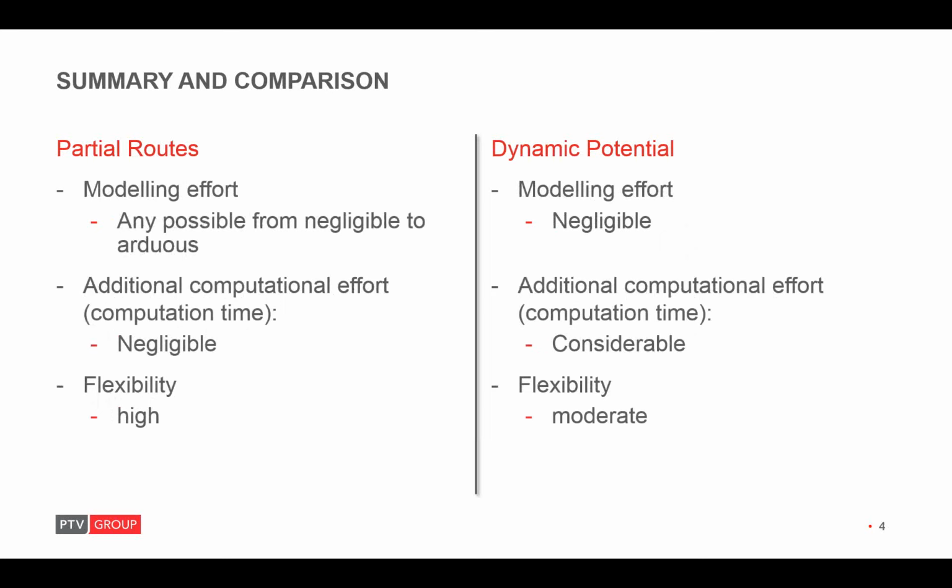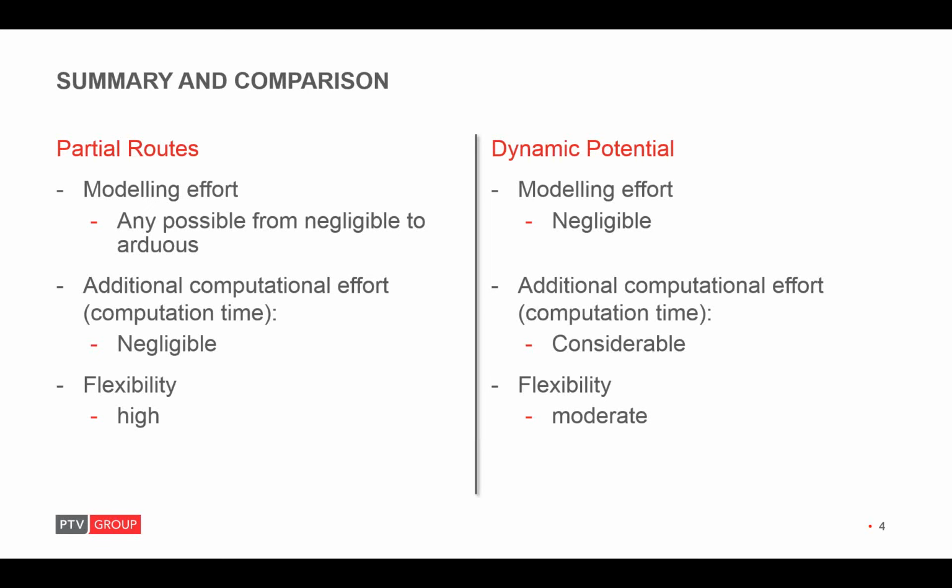The modeling effort for partial routes can be very small, but you can use it also to create really complex decision schemes. You can use partial routes where otherwise you would need maybe a scripting solution.